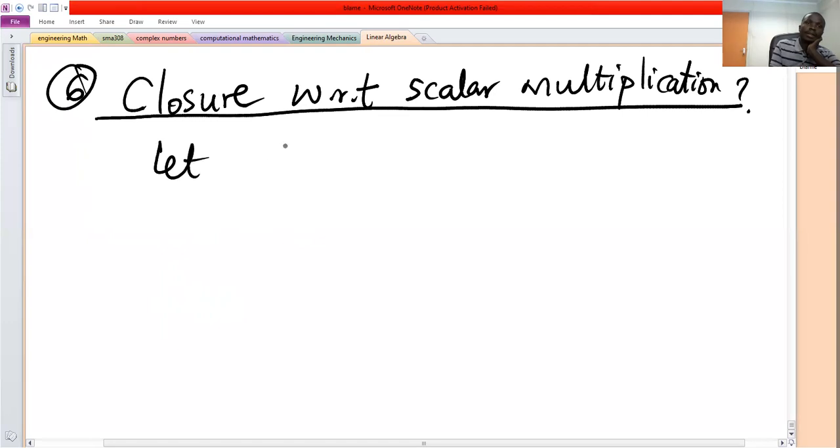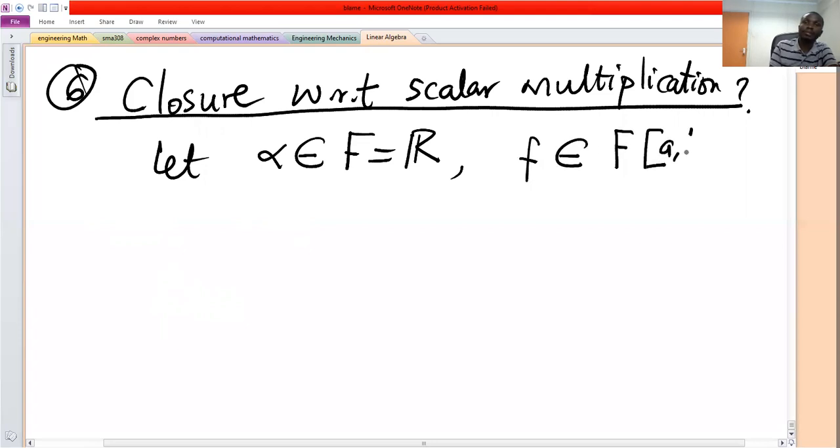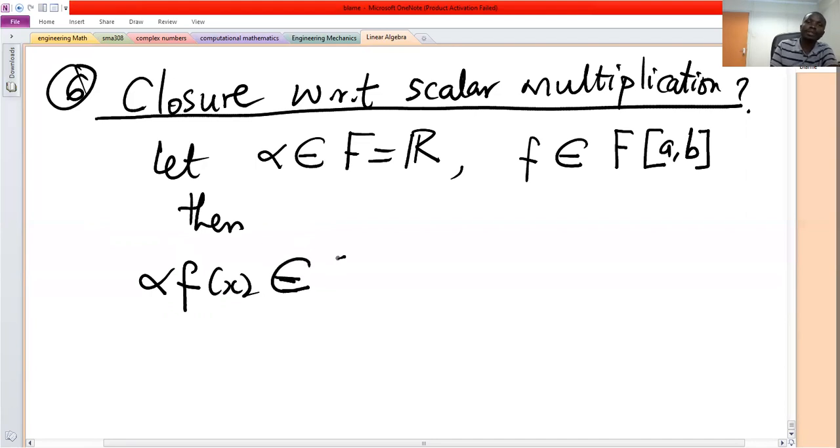Now let alpha be in the field F, the same as the set of real numbers. And then we have the function f in the closed interval AB. Then alpha f of x is an element in this set F, because we are simply multiplying the function by a scalar.